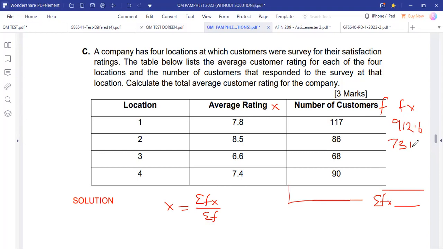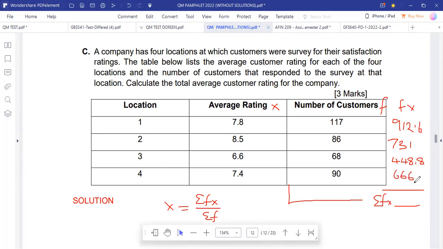Then 448.8. Then 666. So for the total, the guys can do the total here, and the ladies can do the frequency total.